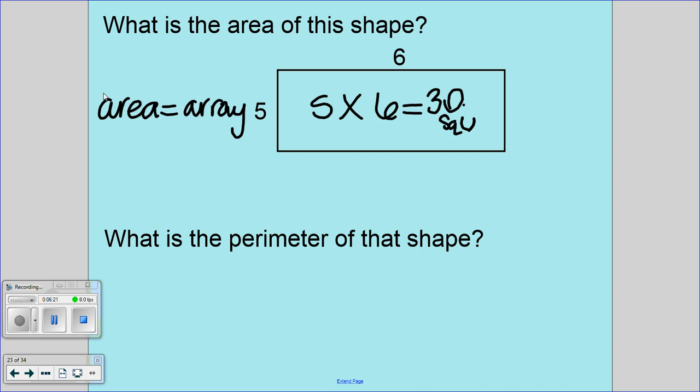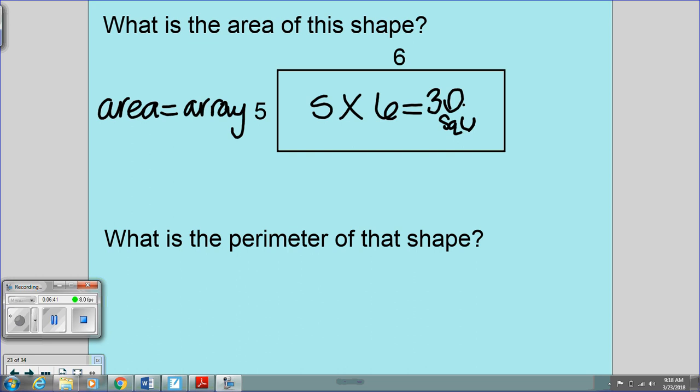Solve it. I need an equation. Perimeter. See the word perimeter. What do I want you to think about?